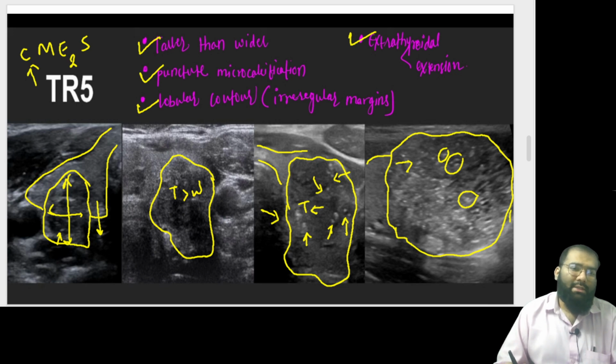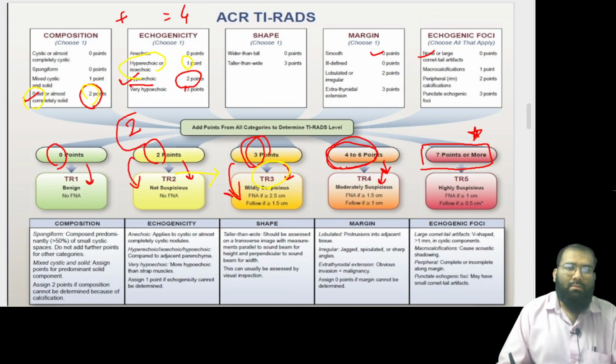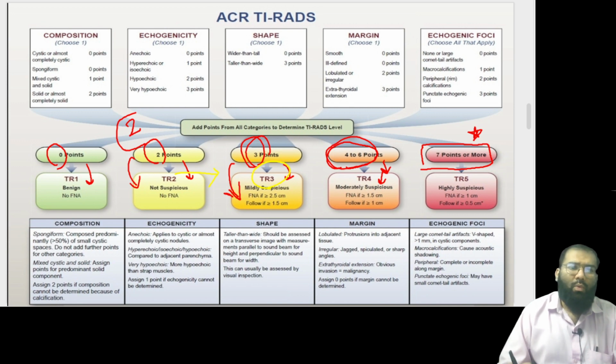So now let us calculate the value of TIRADS by assigning points to them. Okay, so let us assign. So in this case, what was the composition? Solid. So for solid, you have to assign 2 points. What was the echogenicity? Very hypoechoic, so 3 points. What was the shape?